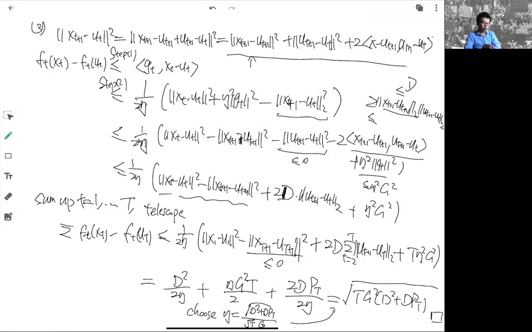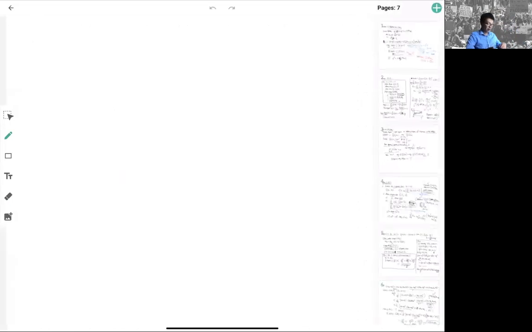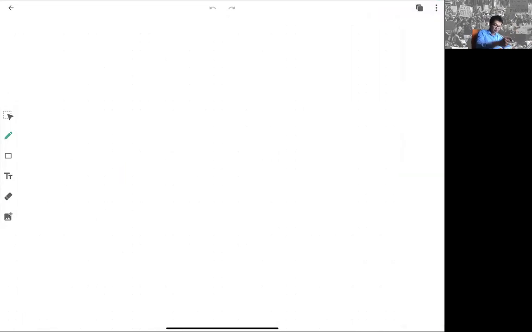Right. So if you look at the analysis, it's just a very minor modification of what we already have when analyzing gradient descent. Okay, so I'm going to make a few remarks. So first of all, this bound is optimal.